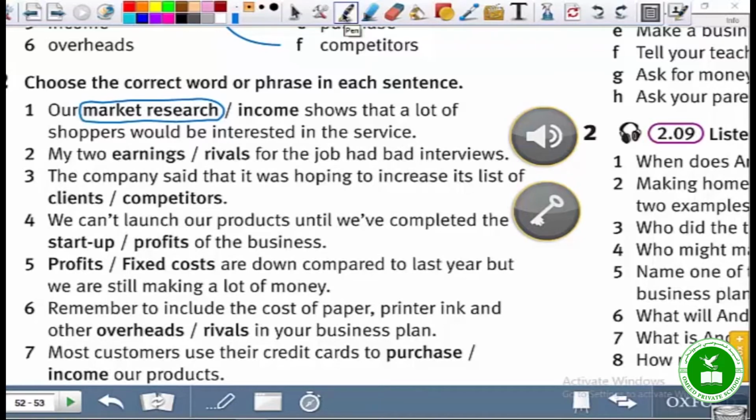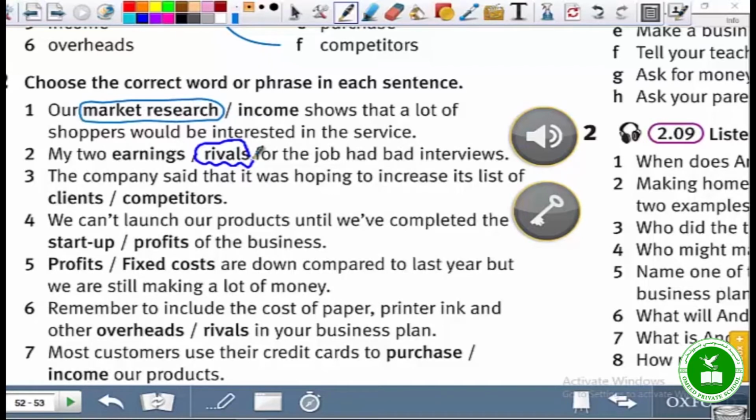My two rivals for the job had bad interviews. We can't say enemies, because rivals means competitors. So the best answer is rivals.